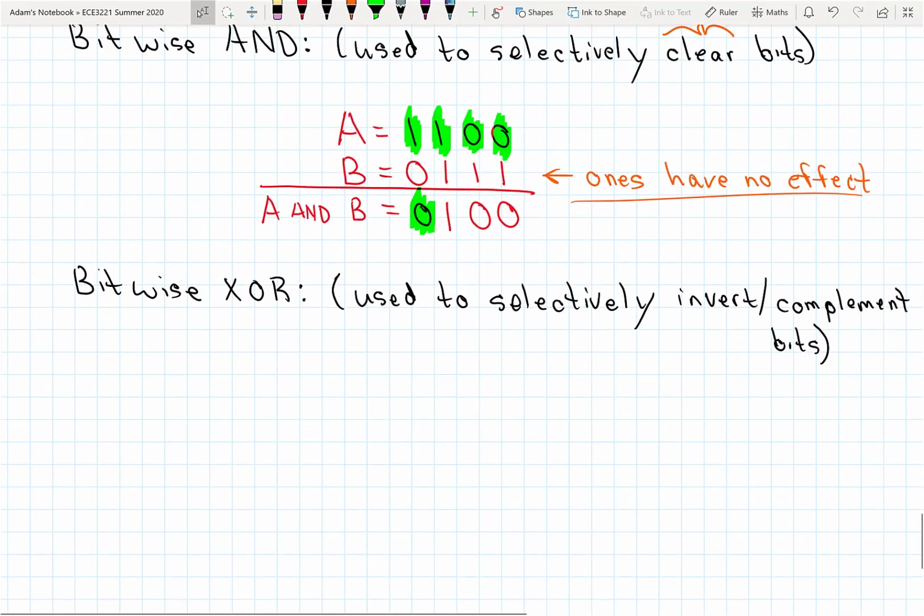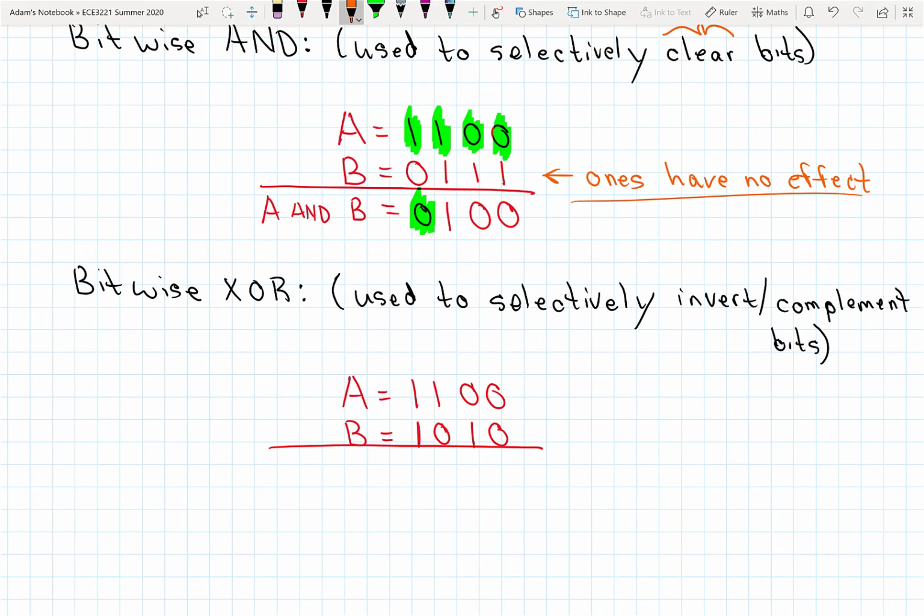Okay, so let's look at an example of this. We'll start with the same initial value of A, 1100, and we will put a value of B such that we want to complement this value. We don't want to complement this. We want to complement this value. We don't want to complement this. Okay, so here A XORed with B results in 1 and a 1, so the values are the same, so we get a 0 out.